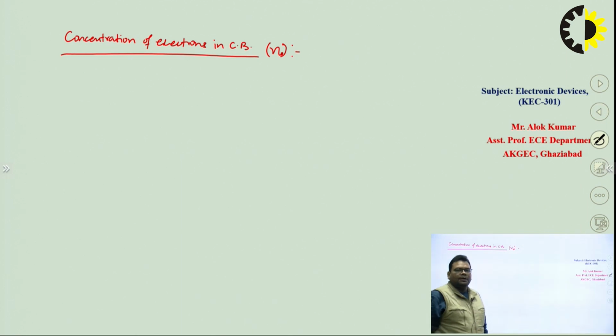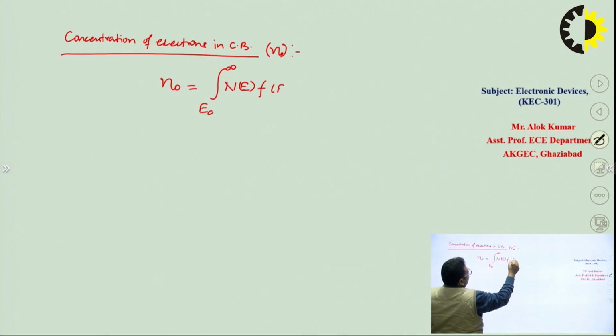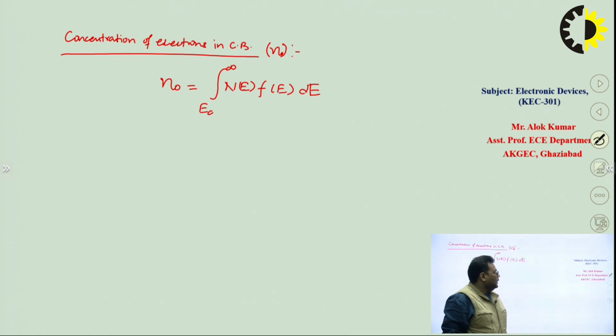So how can we find the concentration? This N naught will be equal to the integral from EC to infinity of N(E) into F(E) with respect to dE. So this will be the formula to calculate the electron concentration, right?